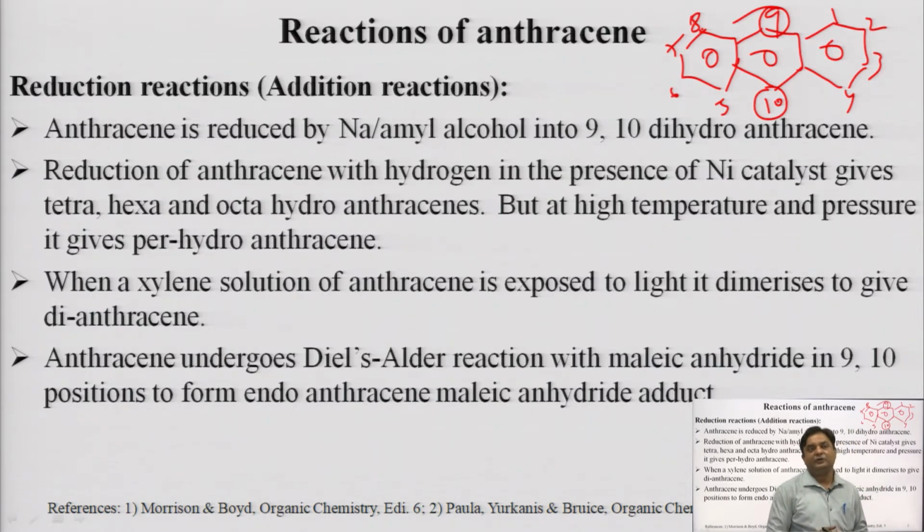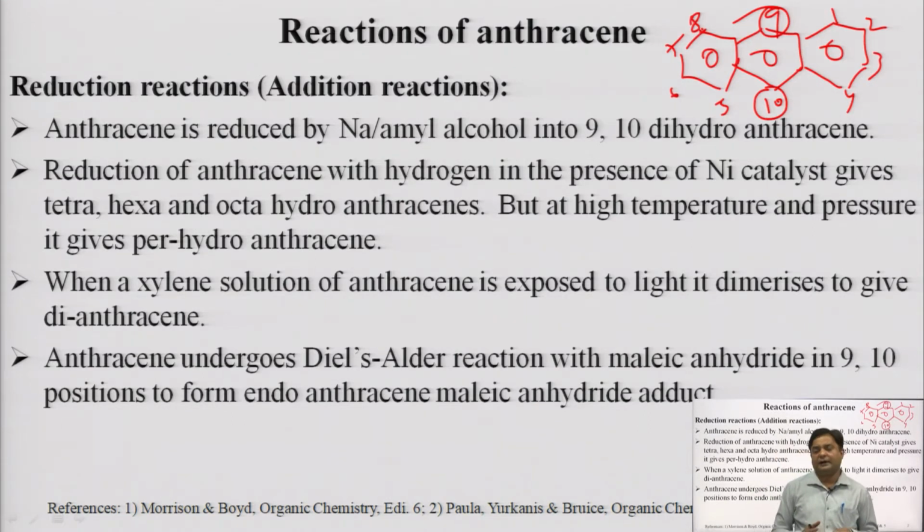When a xylene solution of anthracene is exposed to light, it dimerizes to give dianthracene. Anthracene can also undergo Diels-Alder reaction with maleic anhydride at the 9,10 positions to form the endo-anthracene maleic anhydride adduct.